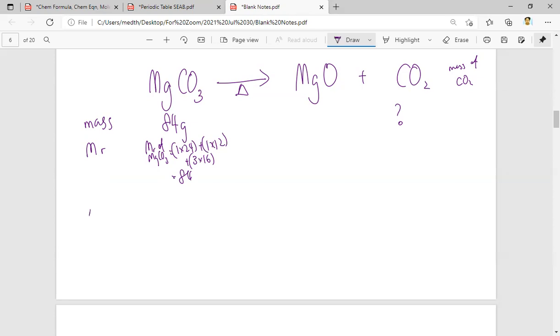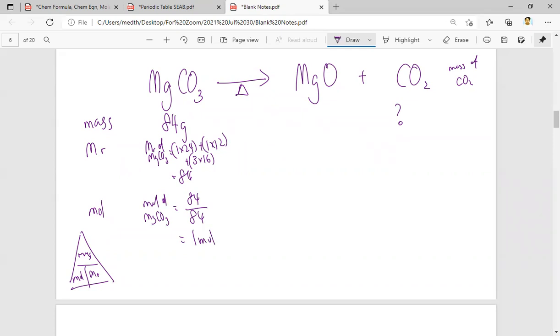Now, once I know the MR is 84, let's find the mole. So the triangle, mass on top, mole and MR at the bottom. To find the mole, we take the mass. So let's find the mole of MgCO3. This is equivalent to taking 84, which is the mass, divided by 84, which is the MR. You get 1 mole.